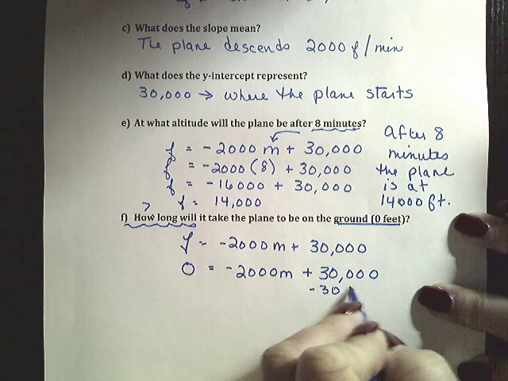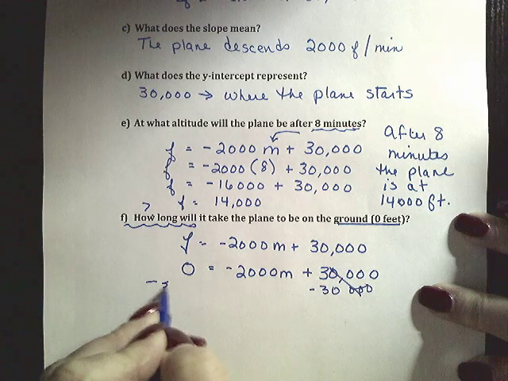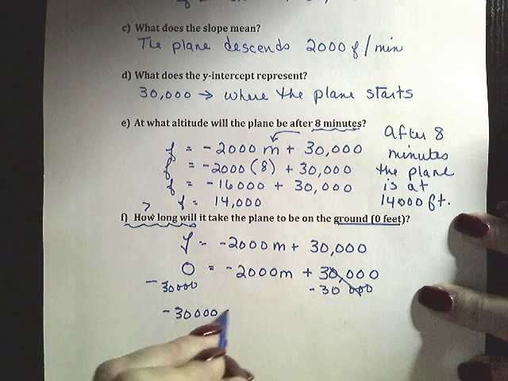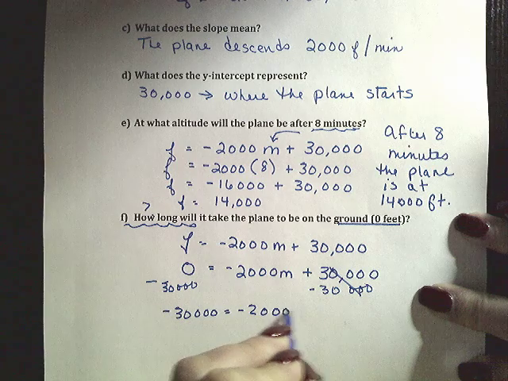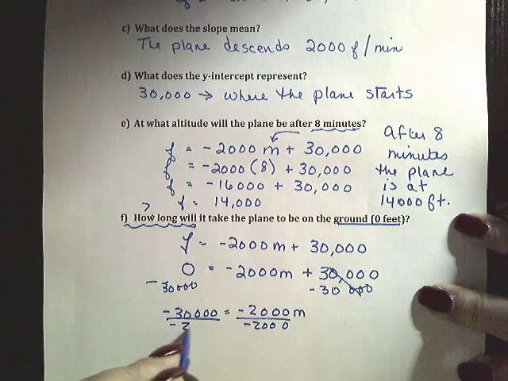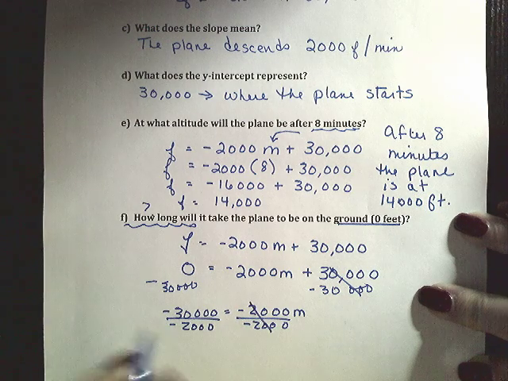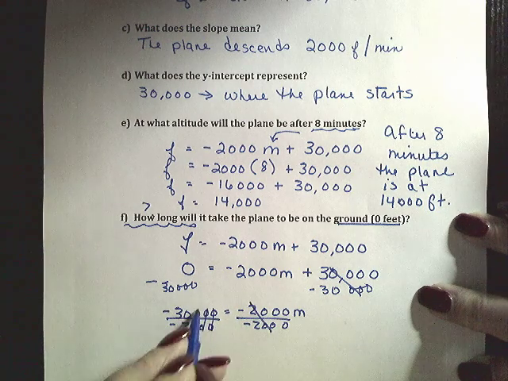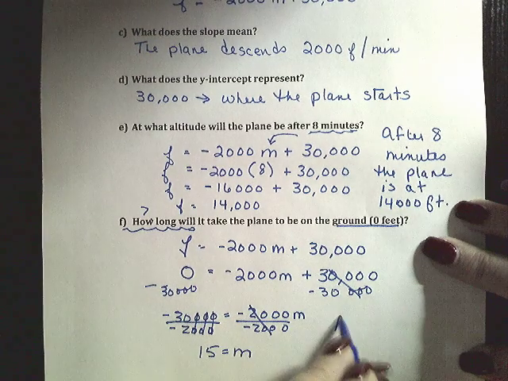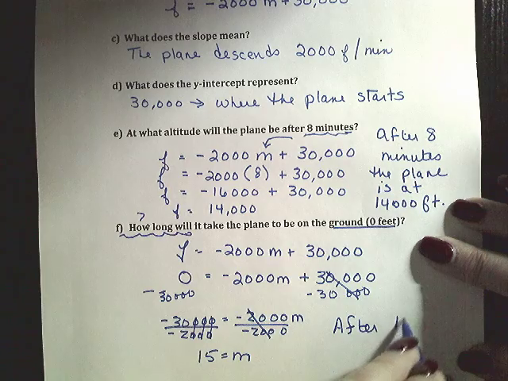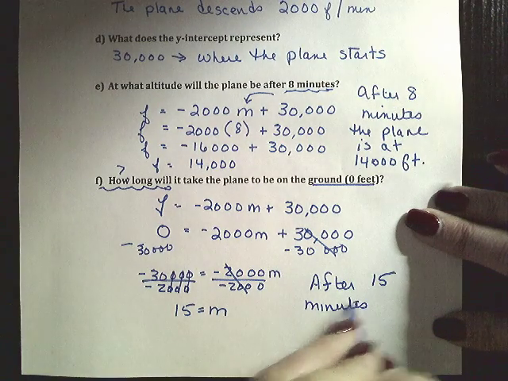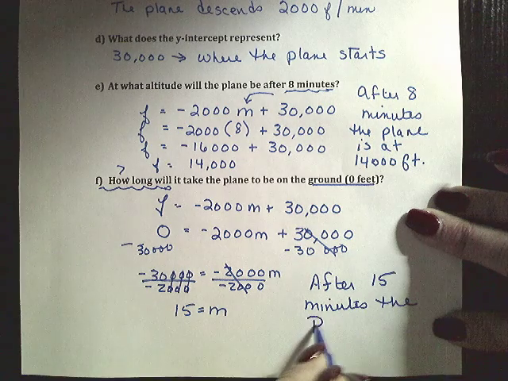Subtract 30,000 from both sides, and I get negative 30,000 equals negative 2,000M. Divide by negative 2,000, and I would get positive 15. So after 15 minutes, the plane is on the ground.